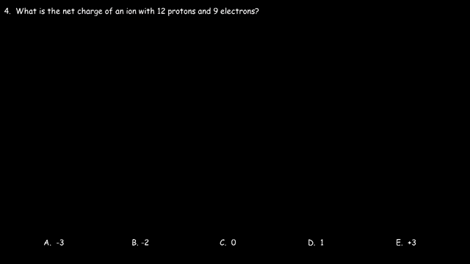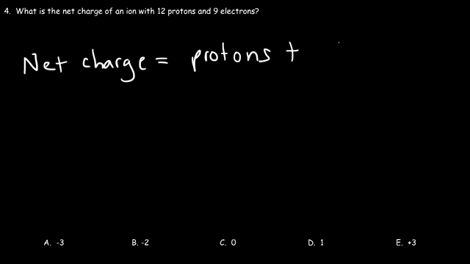Number 4. What is the net charge of an ion with 12 protons and 9 electrons? To calculate the net charge, it's simply equal to the sum of the charges of the protons and the electrons. Just keep in mind, a proton bears a positive charge and an electron bears a negative charge.